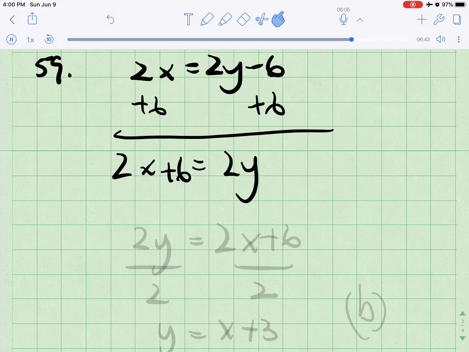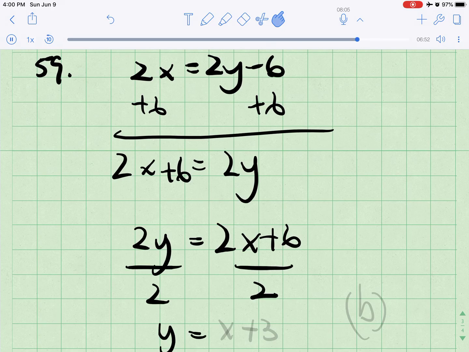I'm going to rewrite it so the y is on the left. 2y equals 2x plus 6. Divide both sides by 2. Y equals x plus 3. Y equals x plus 3. That is choice B. There's only one graph there that has that. So that's 59 is B. How about 60?